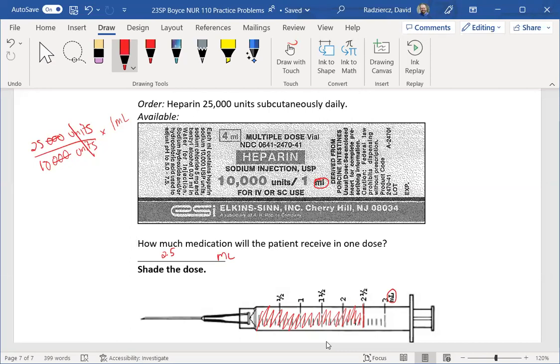All right, so the only thing that differs with the injectables is really just the medication. That's a good question. Does anyone know if your test is a paper test? I know Allegheny campus is a Blackboard test, so I don't know what your test is like.